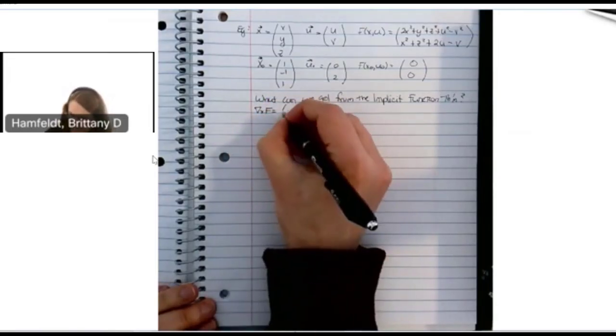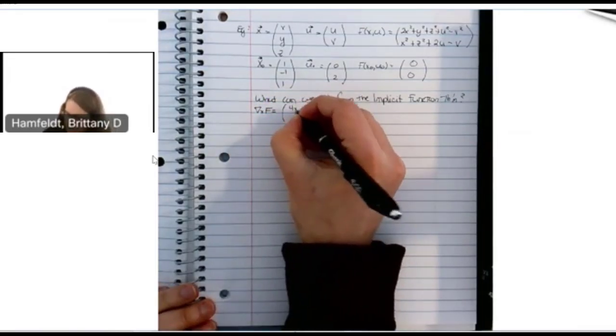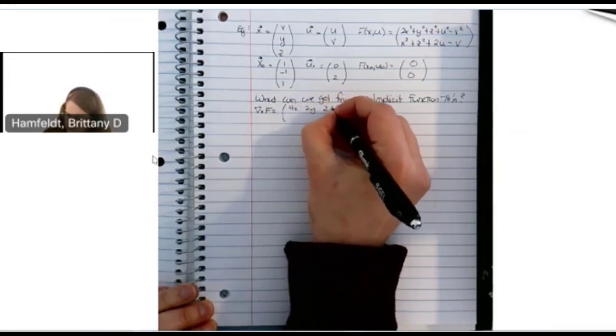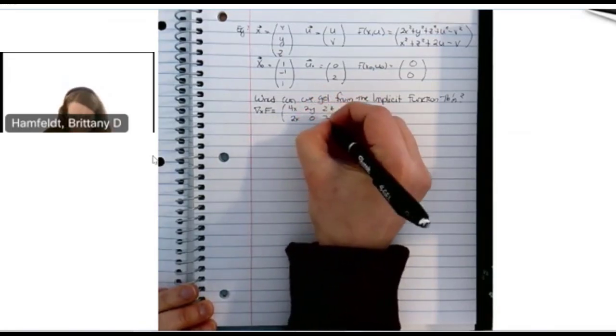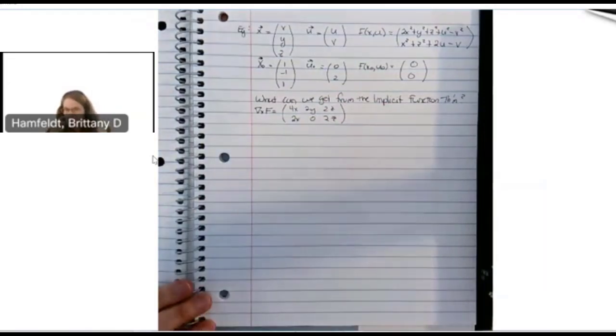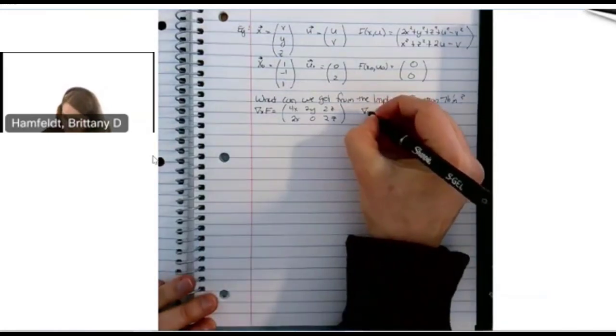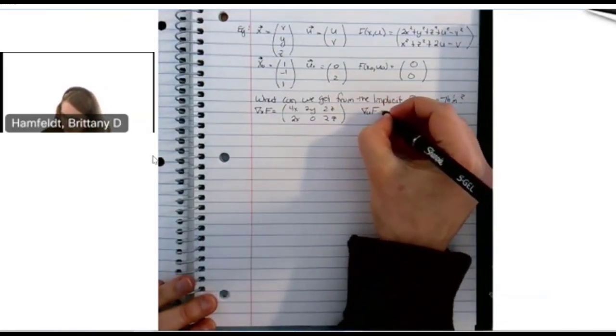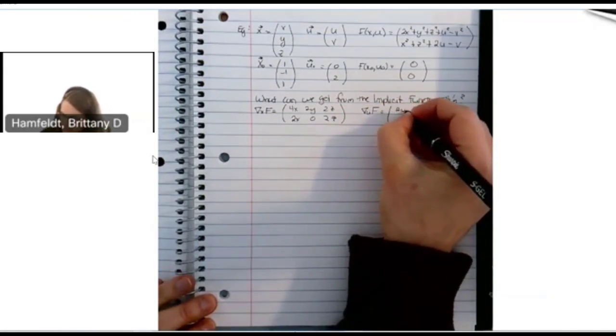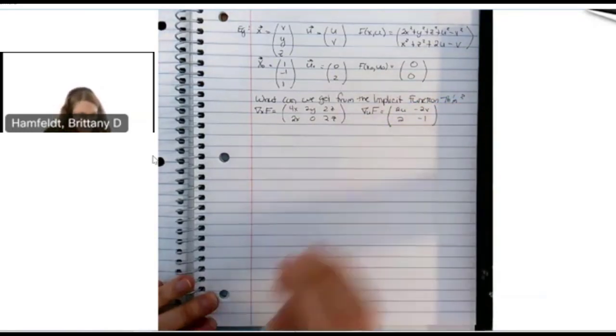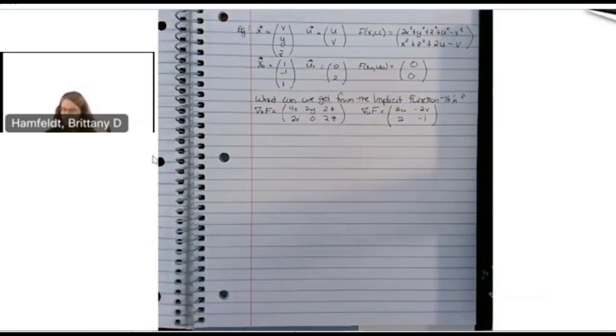Here's the x-Jacobian: 4x, 2y, 2z, 2x, 0, 2z. That looks continuous to me, so we're not worried about that one. We have the u-Jacobian, 2u minus 2v, and 2 minus 1. Also looks continuous.